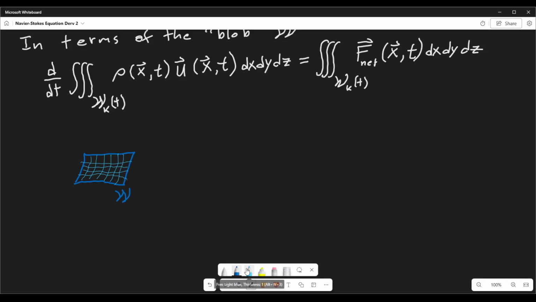And each of these cells inside has a little mass, whatever was in there, and then the velocity, which we're going to call u, whatever was there, and then the force vector on whatever was there.